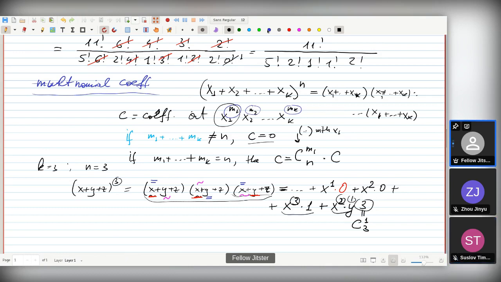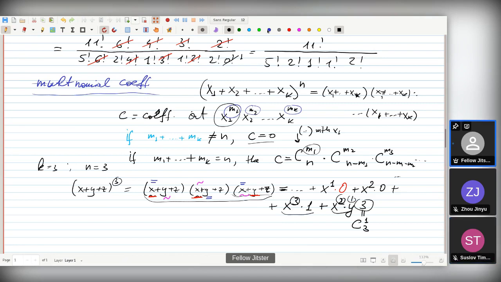But then, after having chosen these brackets, we still need to choose m2 brackets out of how many? n minus m1. Yeah. And then, is it clear? Yeah.